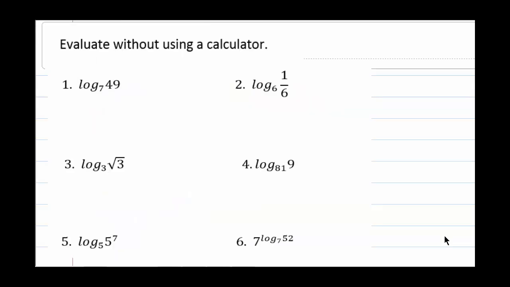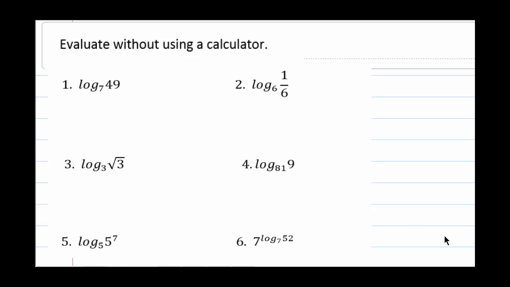All right, now we're going to look at a couple examples of evaluating without using a calculator. Those are your directions. This is mental math. Anytime you see the word log, you need to think, what is the exponent?